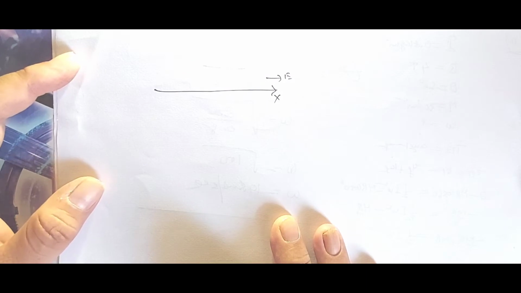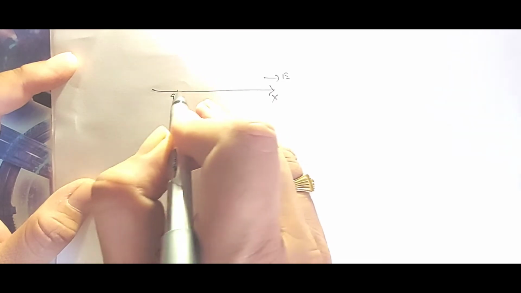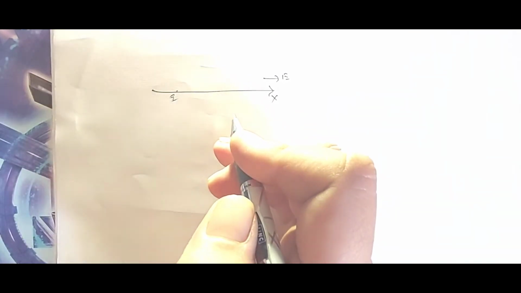Now, a particle of charge q and mass m is subjected to an electric field. So, this is a particle of charge q, and it is subject to the electric field. What is the initial velocity of this charged particle?